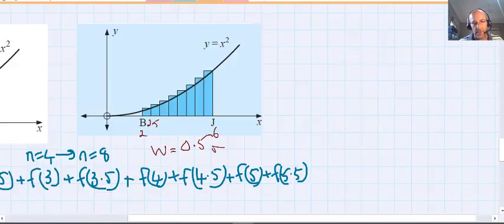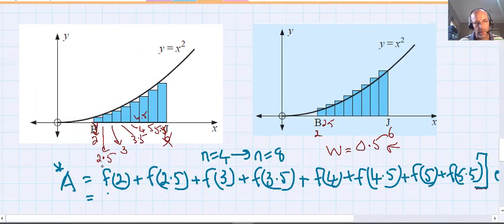It's a rectangle, so it's height times width. So multiply it by 0.5 and shut the gate there, then we can enter that in, and that's 61.5 units squared.